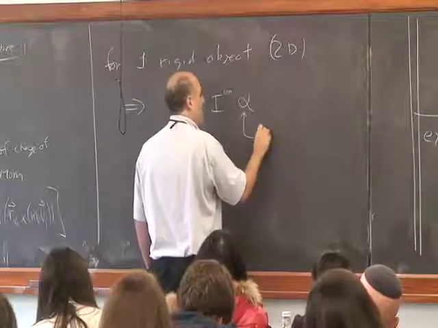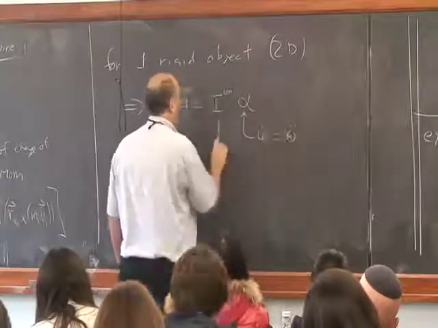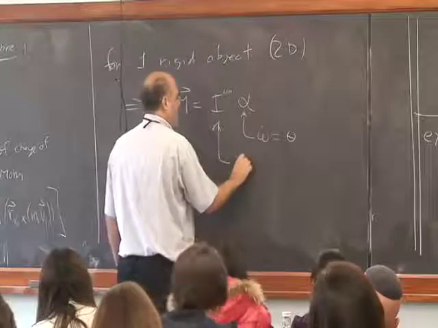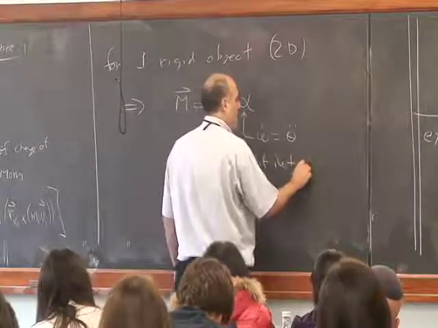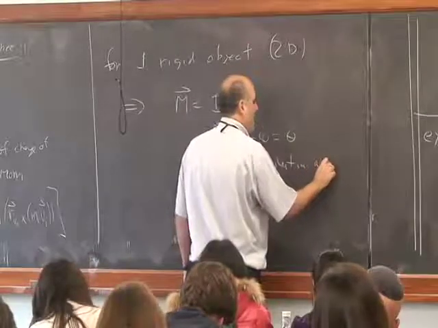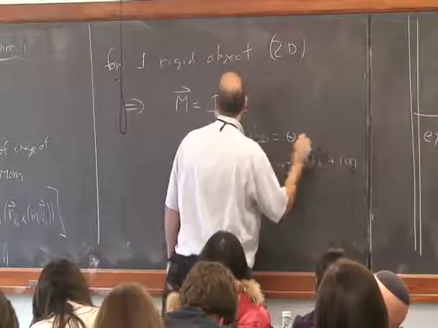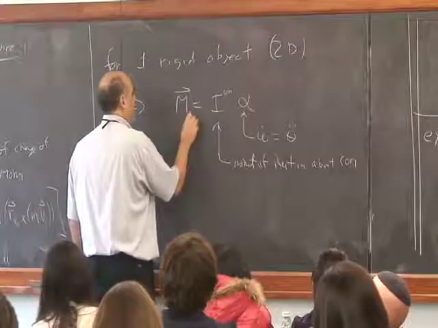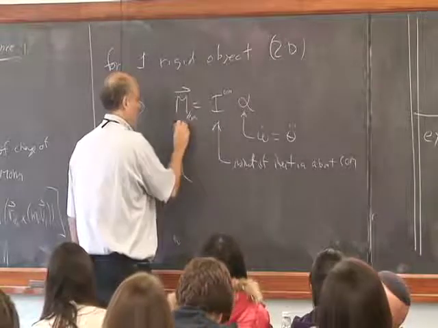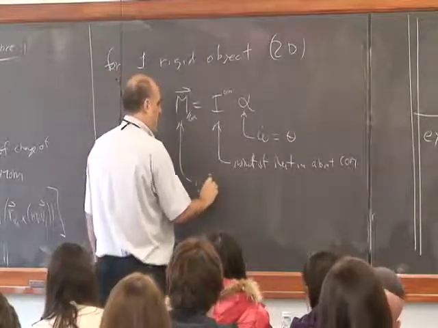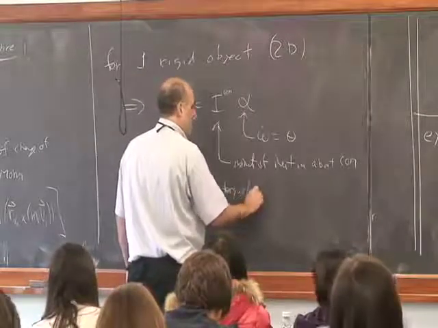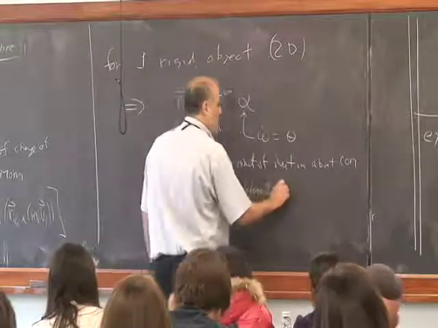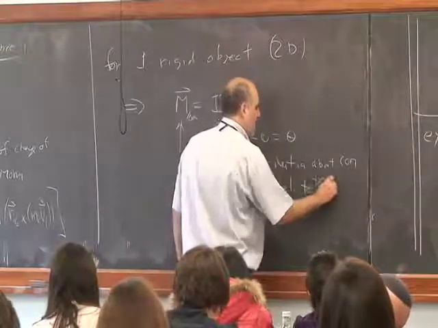Alpha is equal to omega dot, which is equal to theta double dot. This thing is the moment of inertia about the center of mass. And this is the moment relative to the center of mass.